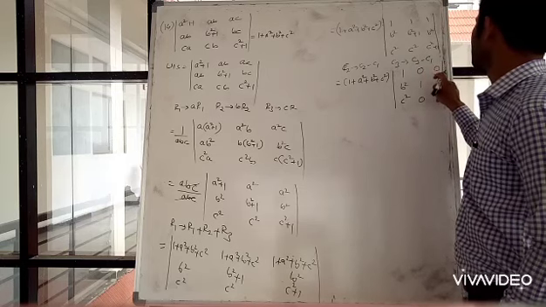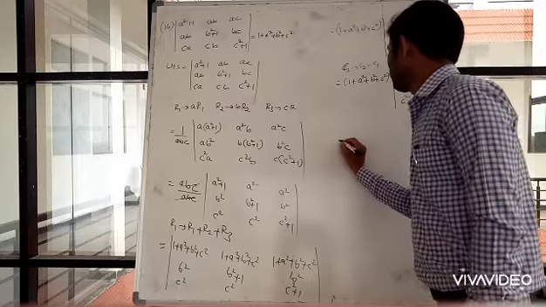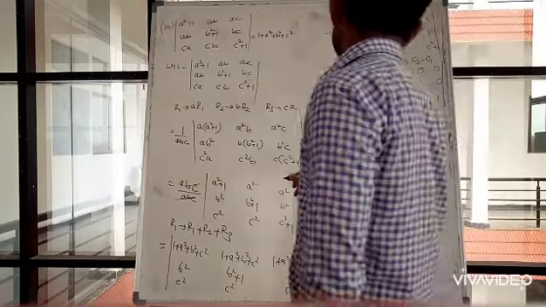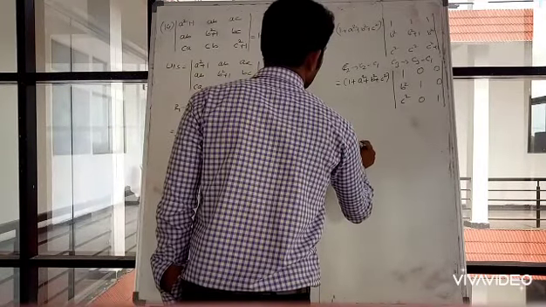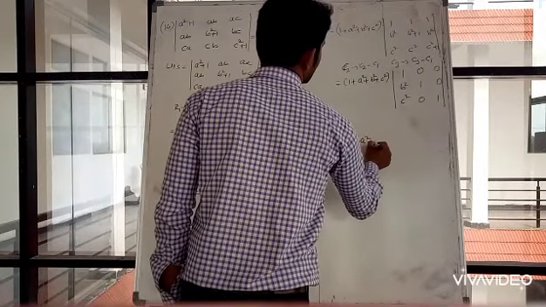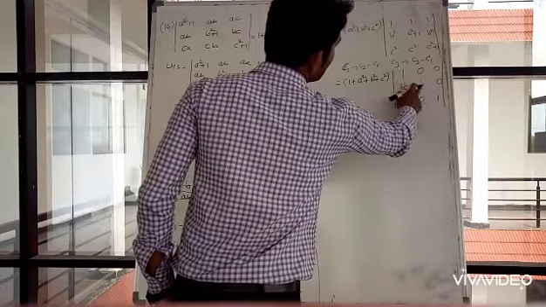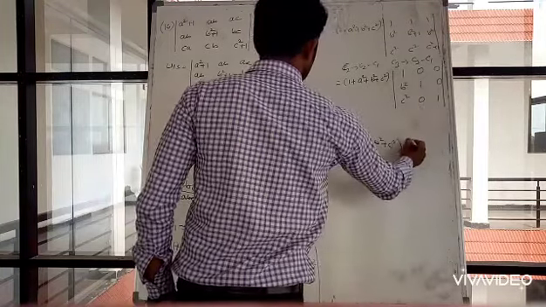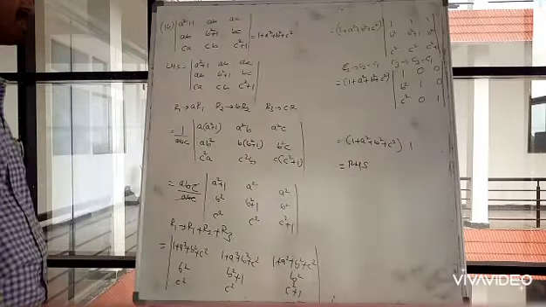So on one side of the principal diagonal, the upper side, you get 0. Above the principal diagonal, each element is equal to 0. So the value of the determinant is equal to the product of the principal diagonal elements. Here the principal diagonal elements are 1, 1, 1 only. So we get 1, which is equal to RHS.